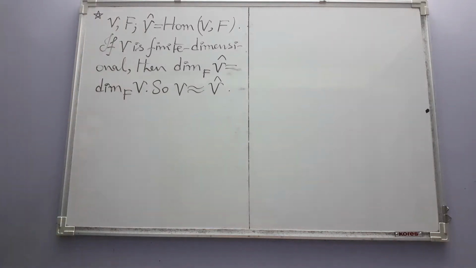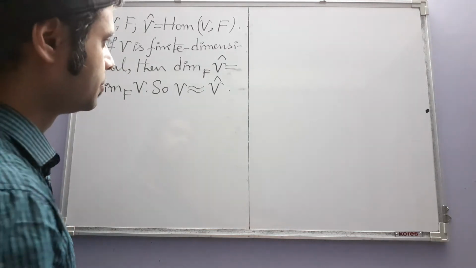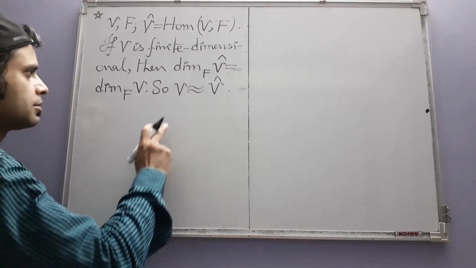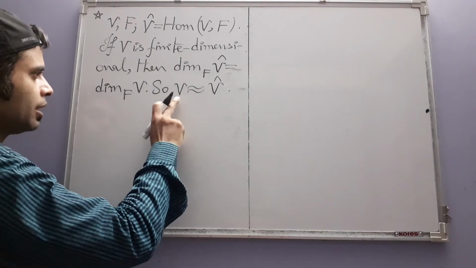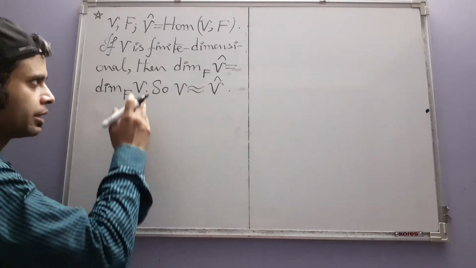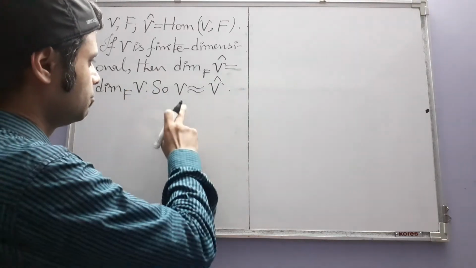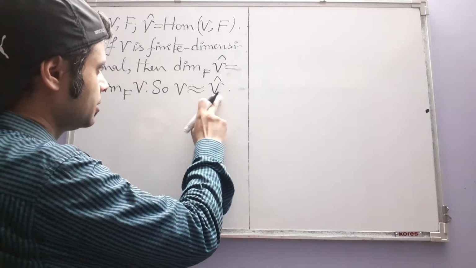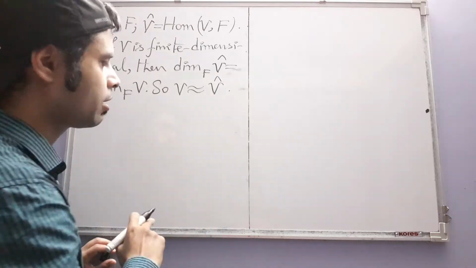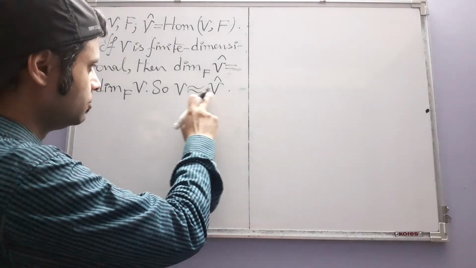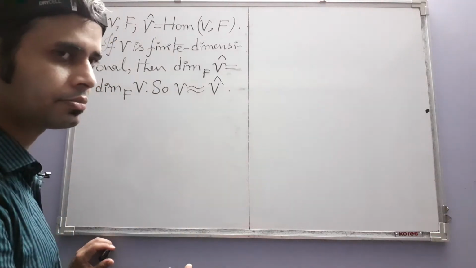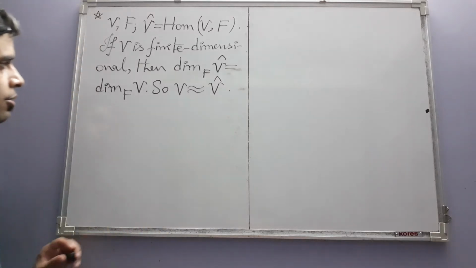As vector spaces, they are one and the same. But the problem here is that although they are isomorphic and this comes from theory, one cannot set up a nice natural isomorphism between these two in general. So that thing is not there.